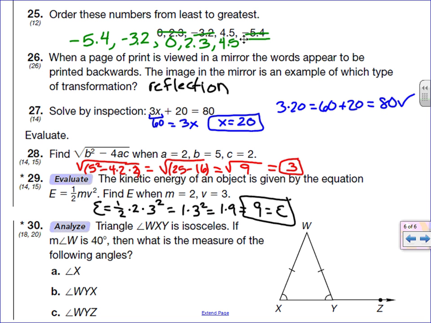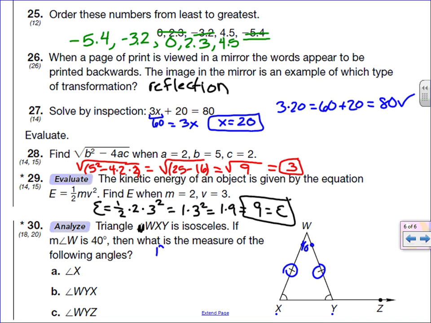Triangle, this should say, this shouldn't be here. Triangle WXY is isosceles. If angle W is 40, then what is the measure of the following angles? Well, if it's 40, then X and Y are going to be equal because it's isosceles and their sides are equal.